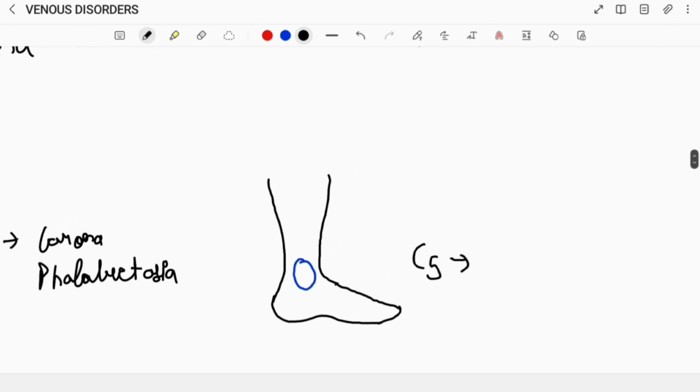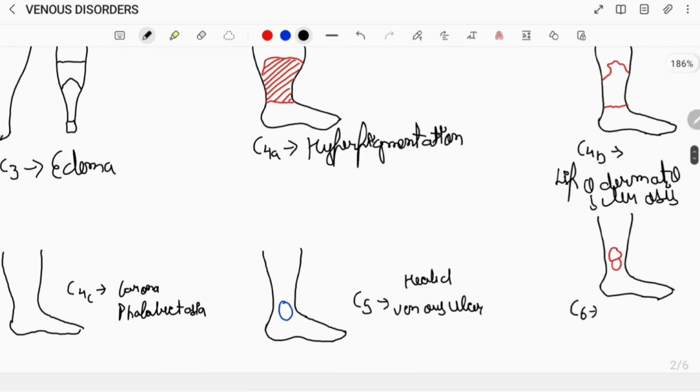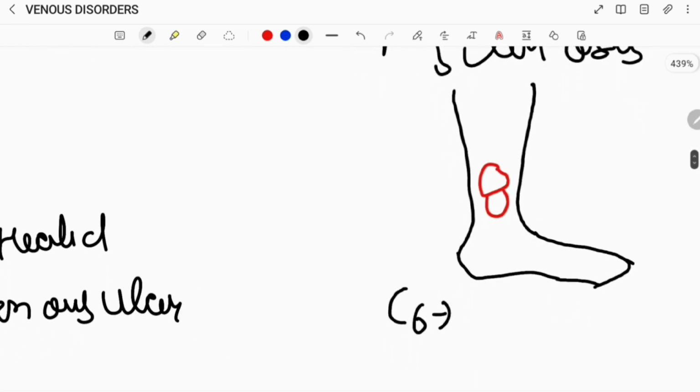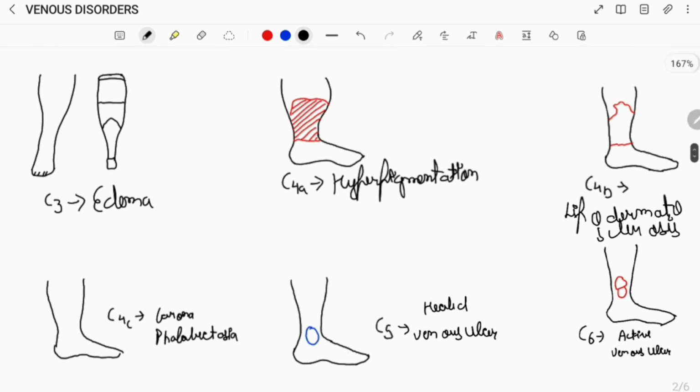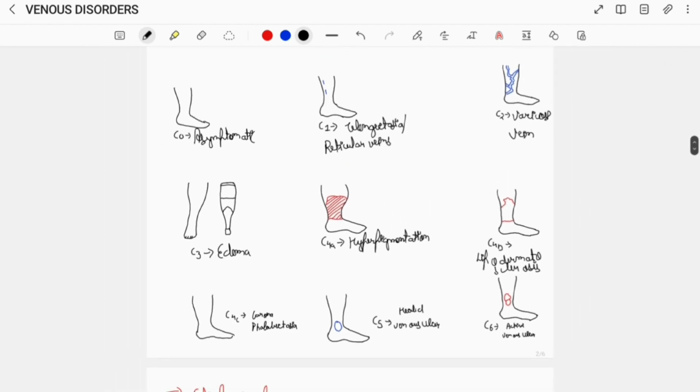In C5, we have a venous ulcer, which is actually a healed venous ulcer. And in C6, again we have a venous ulcer, but this time it is an active venous ulcer. So this was the CEAP classification, wherein I discussed the clinical.